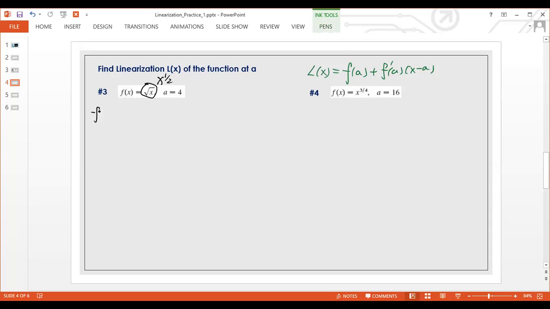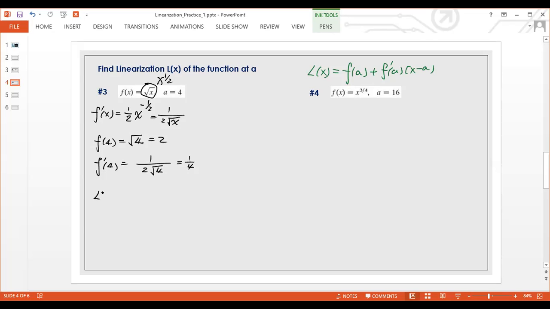This will be 1/2 times x to the 1/2 minus 1, which is negative 1/2, so it's 1 over 2 square root of x. Now you put the 4 into your function. The square root of 4 is 2. Then you put the 4 into your derivative. This is 2 times 2, which is 4. So 1/4 is here, right?